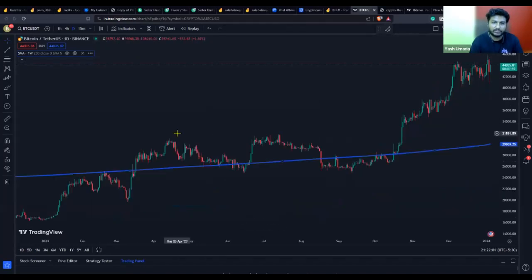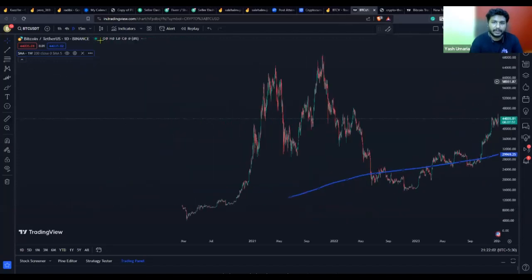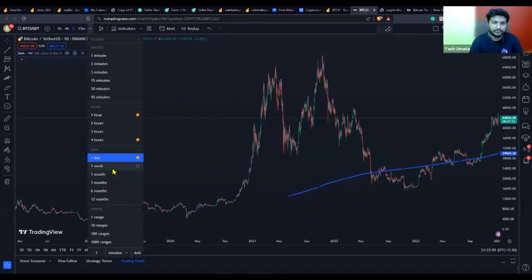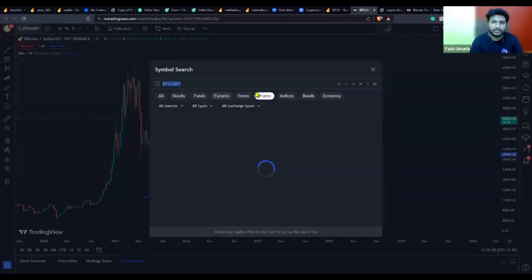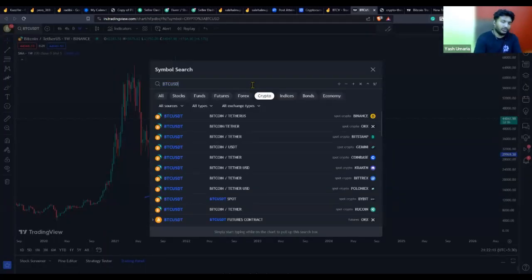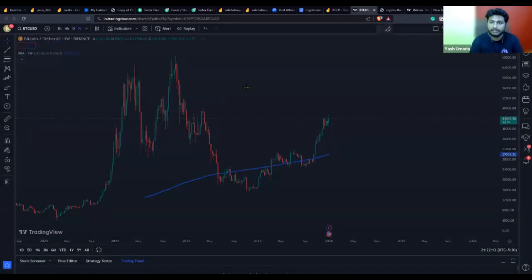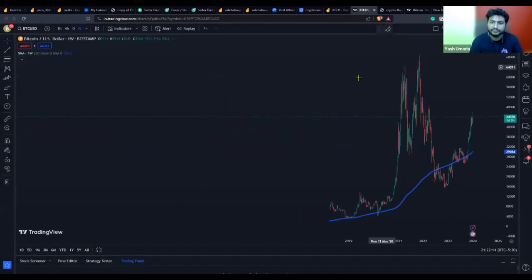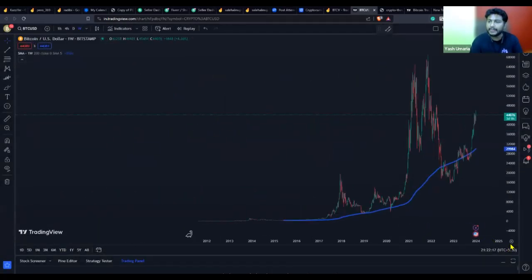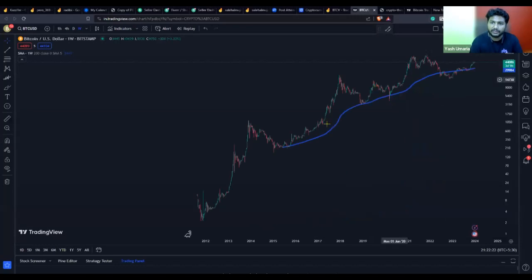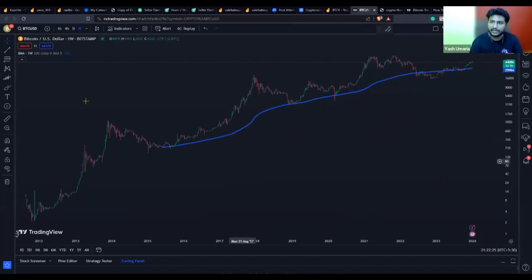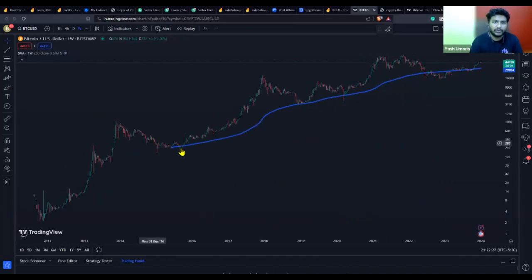Let me go to a weekly chart. I need to use a different chart to make more sense. Let me use a log scale. You don't have to understand everything I'm saying right now, but if you do, it's great, because this is important for investment.